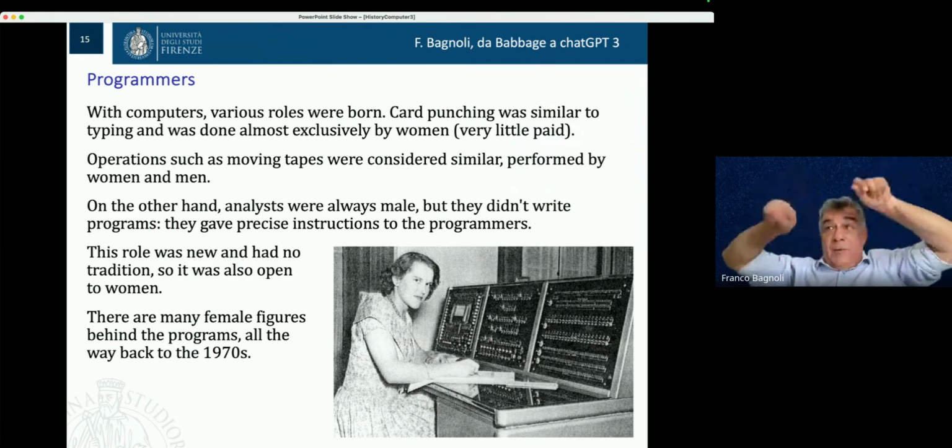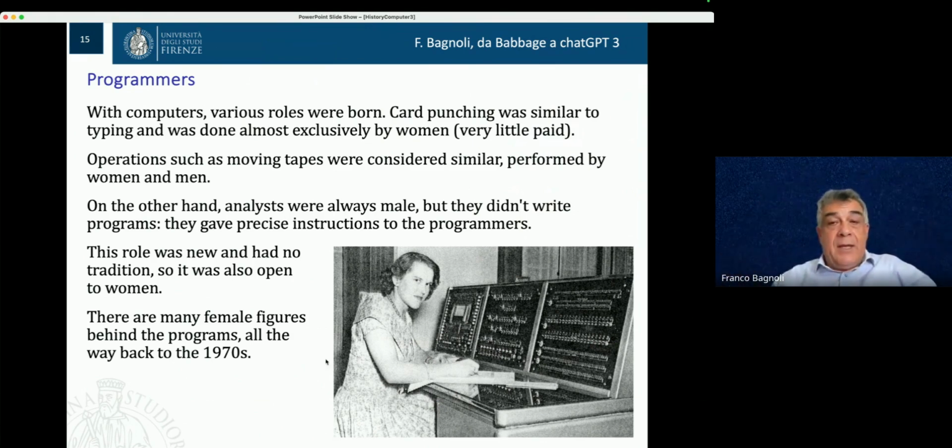Programming meant rewiring the ENIAC. And then they started to become programmers in the usual sense, meaning writing program code. Clearly, they also started to be differentiated from analysts, normally male, who gave the structure of the program, and women programmers who translated this onto paper, essentially.